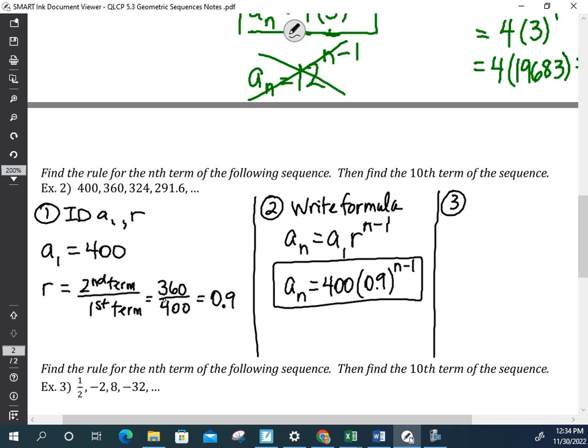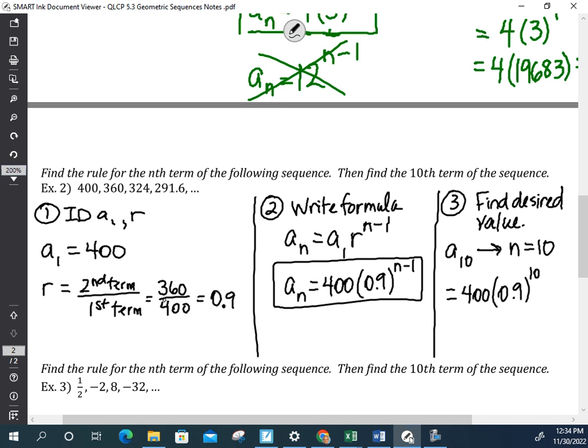So step 3 is to find the desired value. The desired value here was A10. So n equals 10. So 400 times 0.9 raised to the 10 minus 1 power. So 10 minus 1, of course, is 9. Let the calculator do a little bit of work. So you have 400 times 0.387 and a whole bunch of numbers.